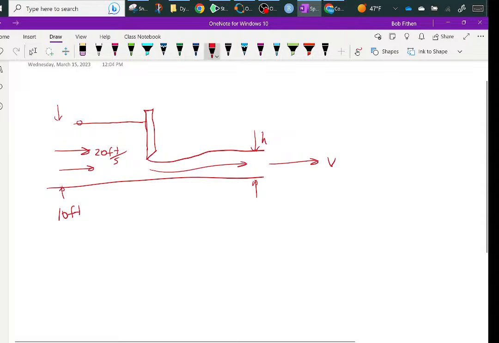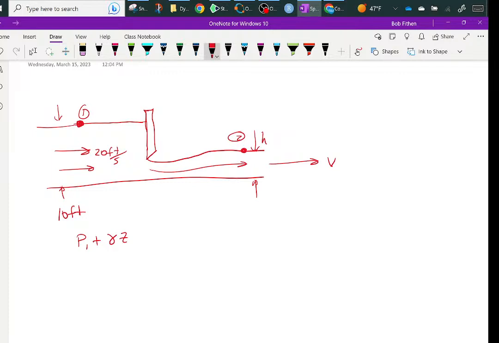So the way you can do this is tag yourself to two locations, 1 and 2. And what you can do is say P1 plus gamma Z1.